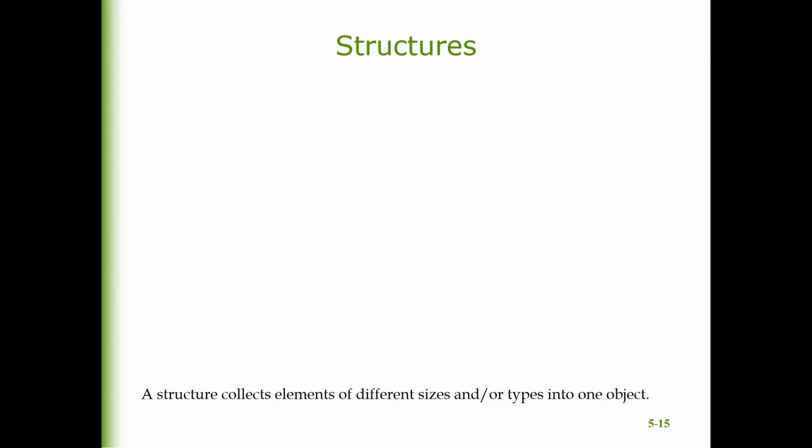And we may have the score or the points, which might be 2 bytes. This is the struct of player one. You can see we can have different types, and the length of the data can also be different. This can be 1 byte, this can be 2 bytes.